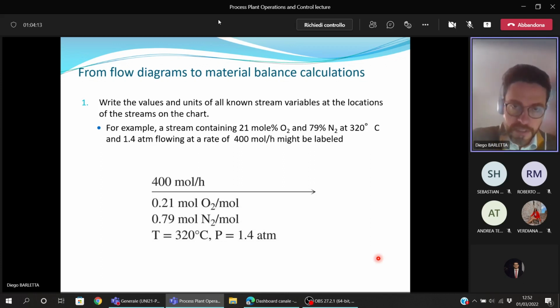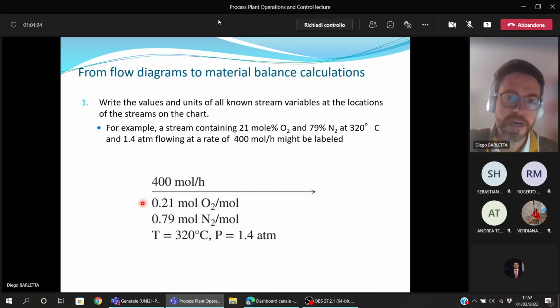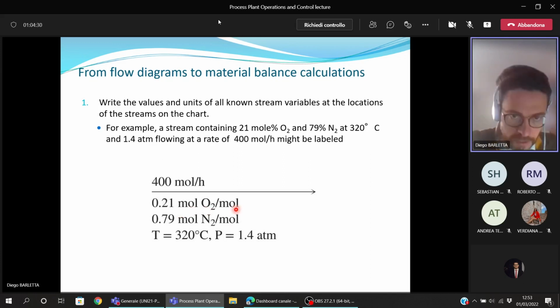We report the total flow rate, here in mole, then two pieces of information about the composition. These are mole fractions, because they are mole of oxygen divided by total mole, mole of nitrogen divided by total mole, and then we report also the temperature and the pressure. For all these figures, of course, we need to report the units.